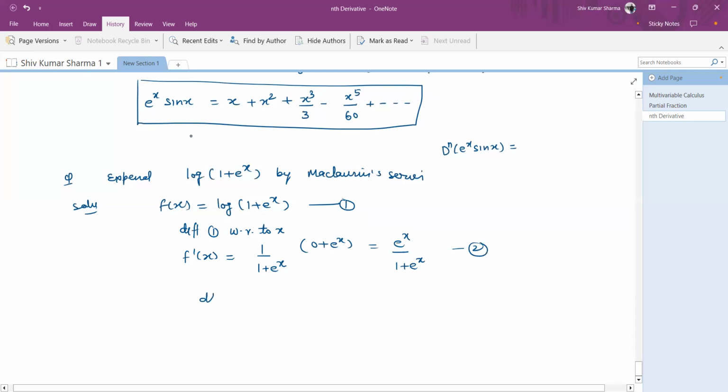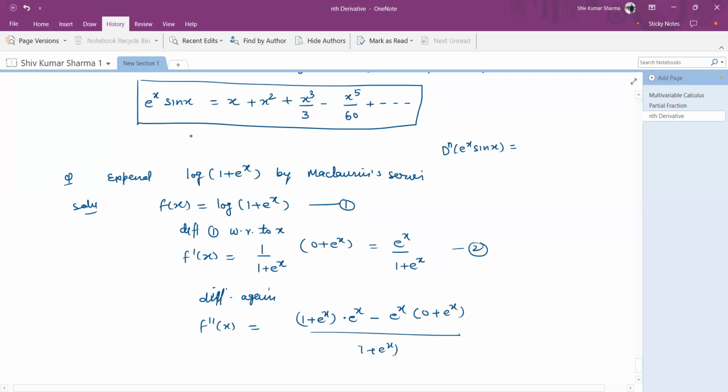Now differentiate again. So this gives us f double dash x, and we use the numerator upon denominator formula: denominator into differentiation of numerator, which is e raised to the power x, minus numerator into differentiation of denominator, which is 0 plus e raised to the power x, upon the denominator to the whole square.